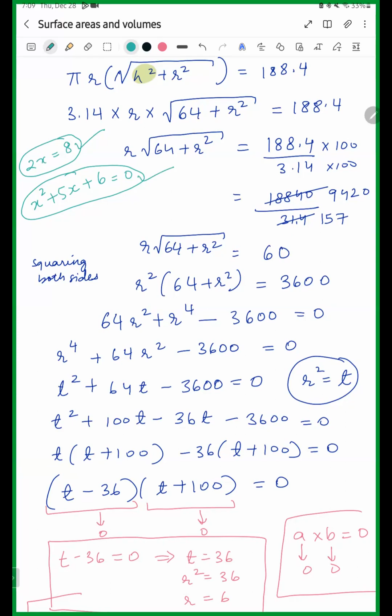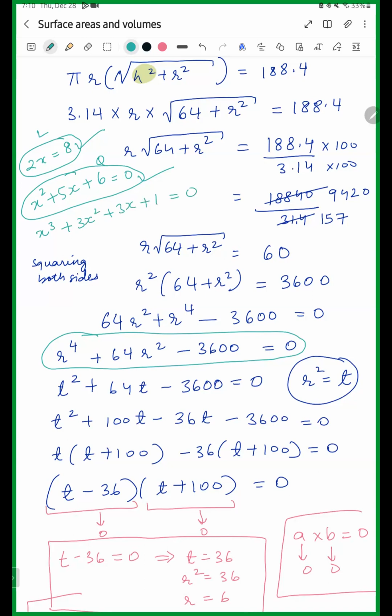So remember, as long as there is only one variable in an equation, you can always find the value of that variable. This is a linear equation, this is a quadratic equation. A cubic equation can be something like x cube plus 3x square plus 3x plus 1 is equal to 0.